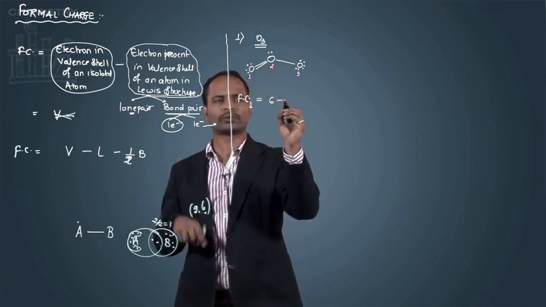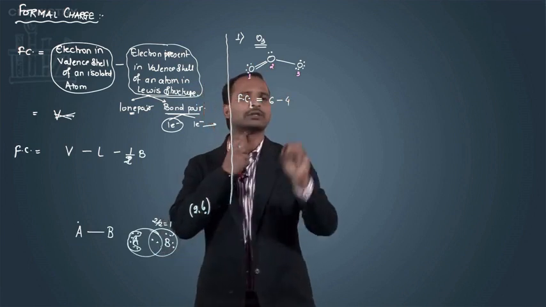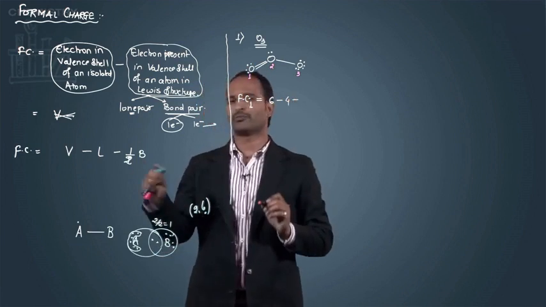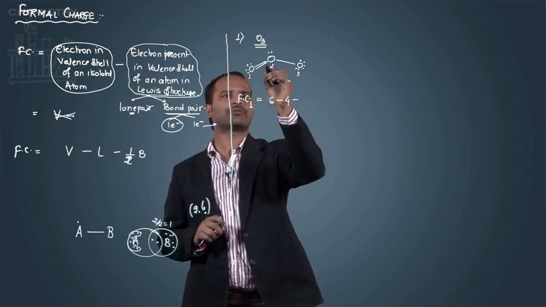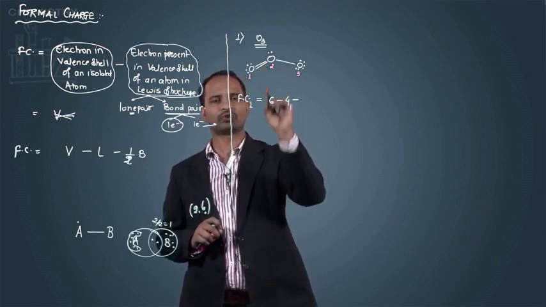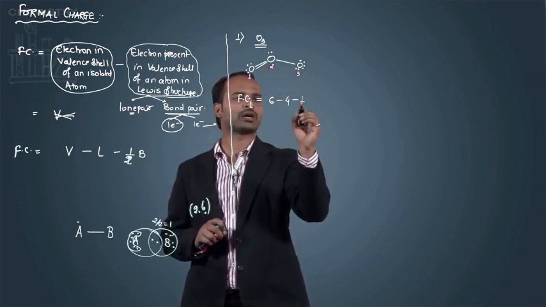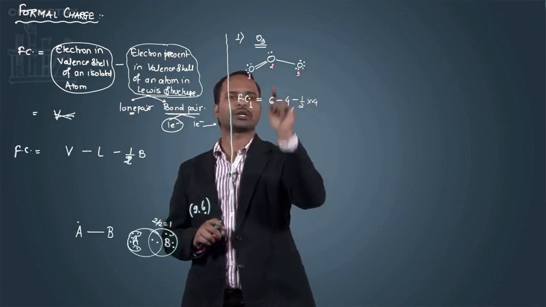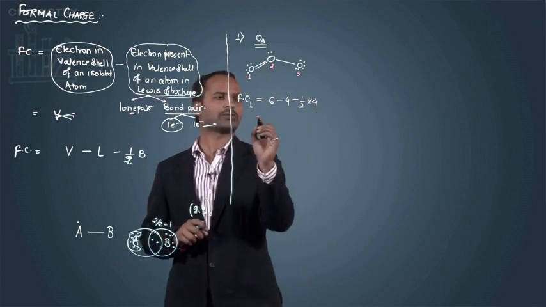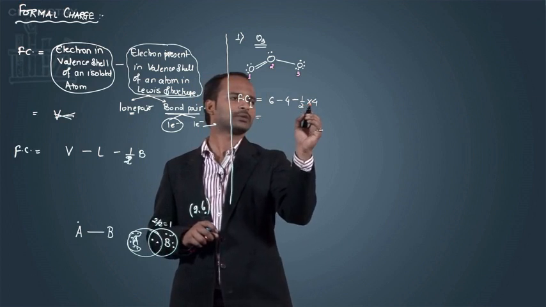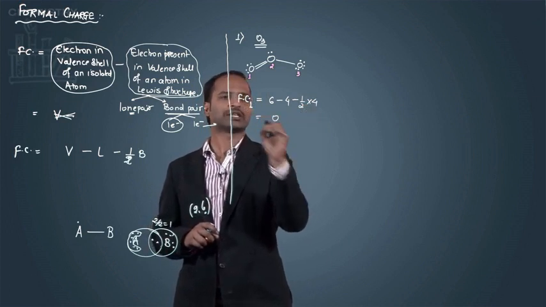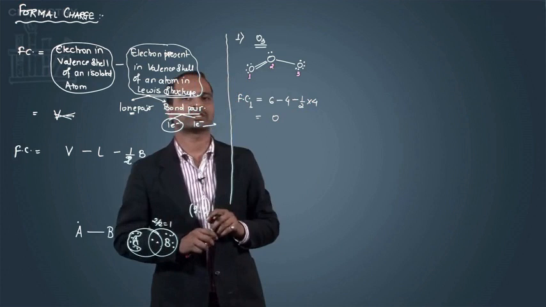It is having 2 lone pairs, that is total 4 electrons, minus half of bond pair electrons. It has formed 2 bonds, which means total 4 electrons, and half of that is 2. So it is 6 minus 4 minus 2, that is 0. So the formal charge on this oxygen is 0.